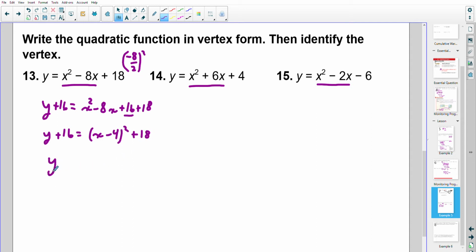So now again, we want to put it in the vertex form, which means that we want to subtract 16 from both sides. That means the vertex here is going to be equal to 4 and 2. x minus h quantity squared plus k.